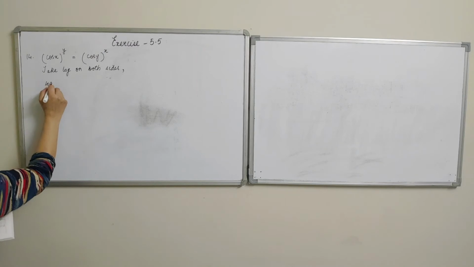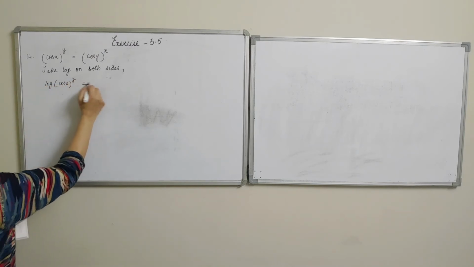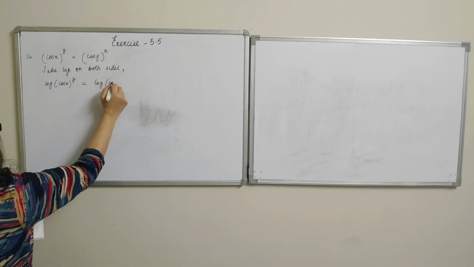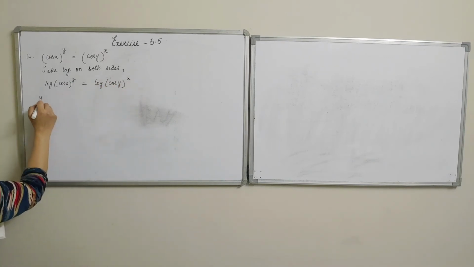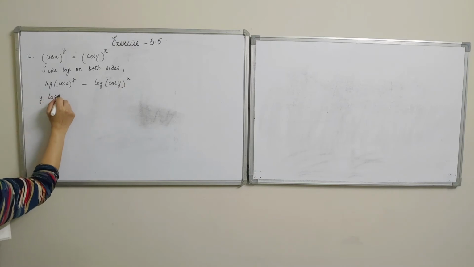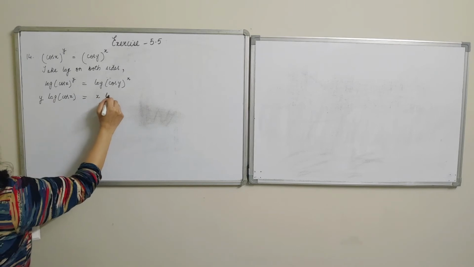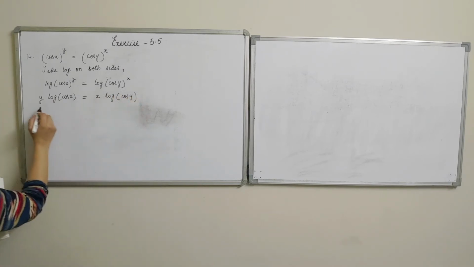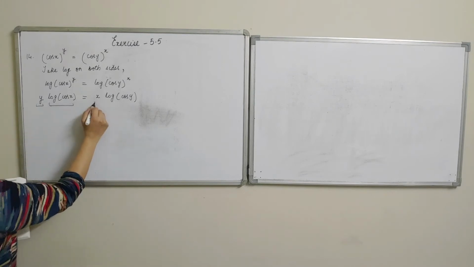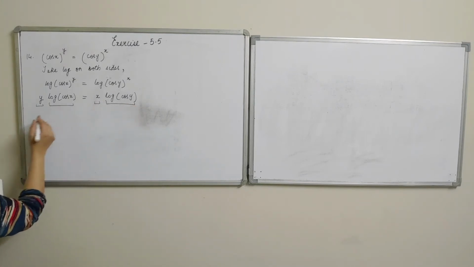So we get log cos x power y equal to log cos y power x, using properties of log, y log cos x equal to x log cos y. Now on either side you see it is a product of two functions. So we are going to differentiate with respect to x using product rule.